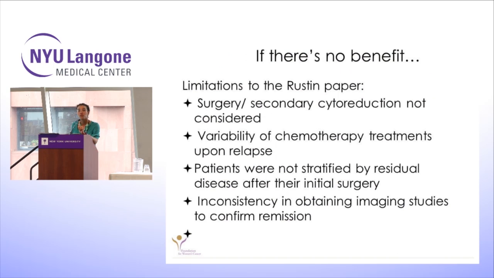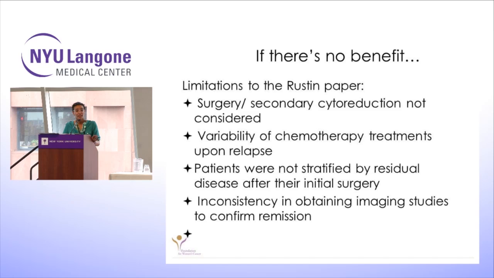The real reasons are that there are several important limitations to Rustin's paper that make its applicability a little bit limited. The most important one, I think, is that the patients who were identified early were not given the opportunity for surgery. We call that surgery secondary cytoreduction, and that's when we operate again to remove tumor to try to get to no residual tumor.